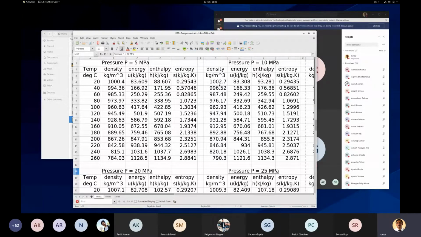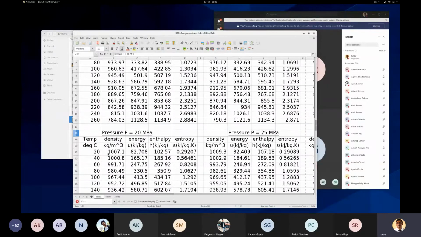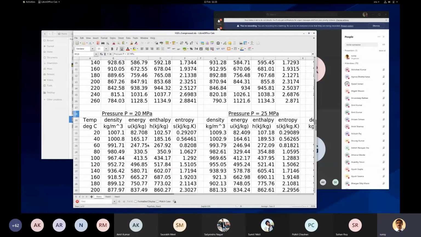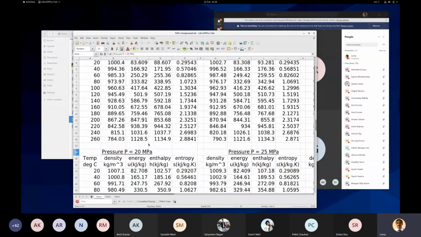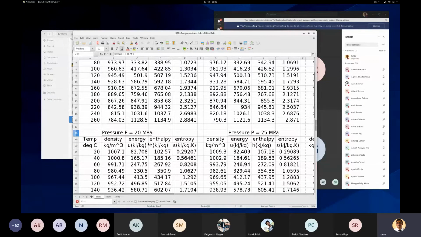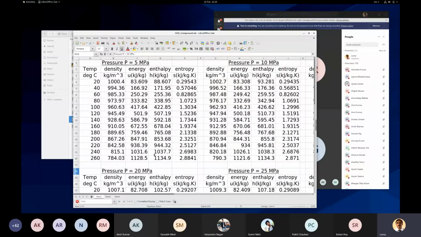So there is a small difference even if you double it. If you make it 4 times, it becomes 1007. But if you consider the liquid to be incompressible, then the density remains constant. You can do that, but there will be a little bit of error.